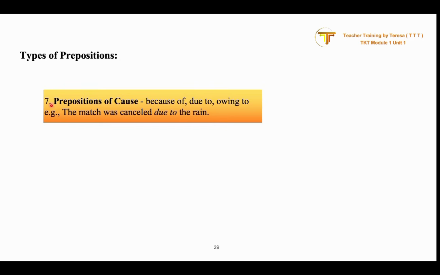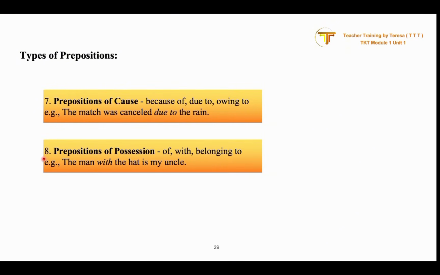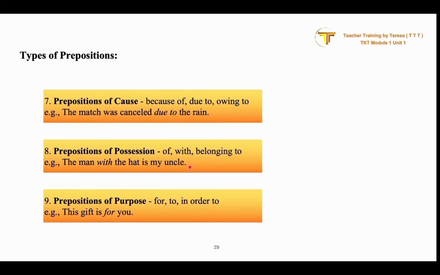7. Prepositions of cause: because of, due to, owing to. The match was cancelled due to the rain. 8. Prepositions of possession: of, with, belonging to. The man with the hat is my uncle. 9.